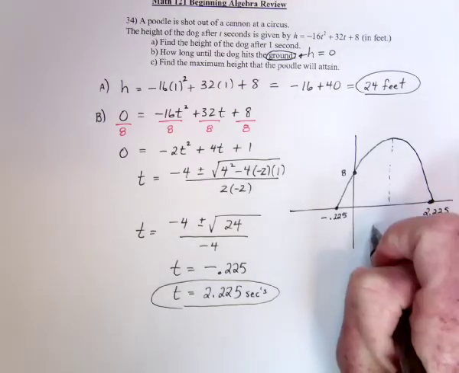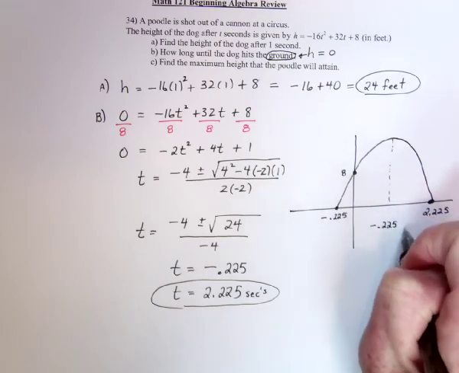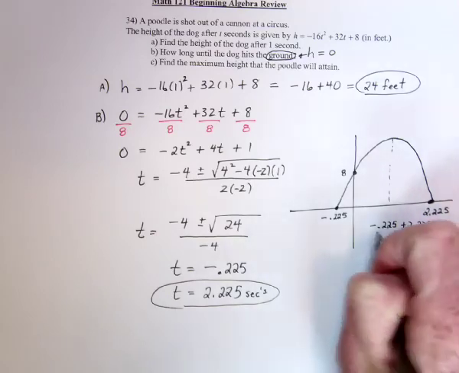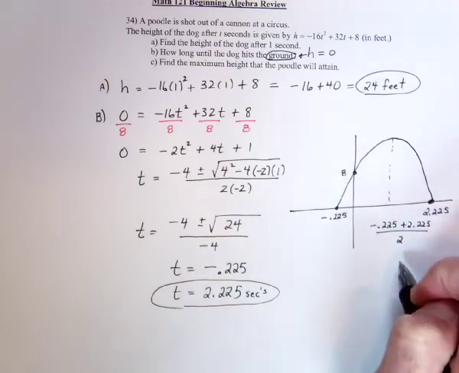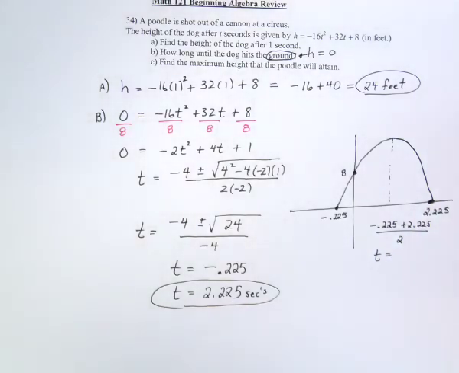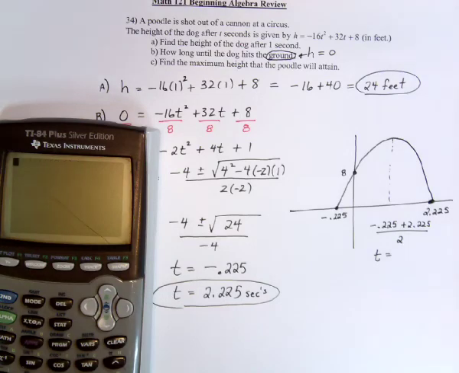So it's going to be negative 0.225 plus 2.225, and then divide by 2. So to find the average of two numbers, or what's in the middle, add them up and divide by 2. So we've got a negative 0.225 plus 2.225.